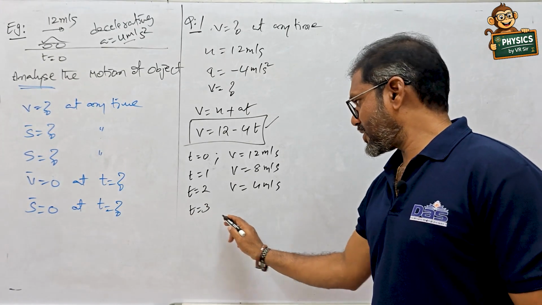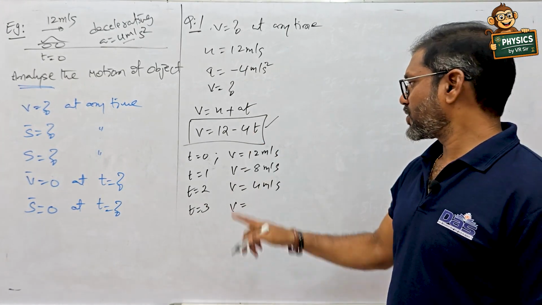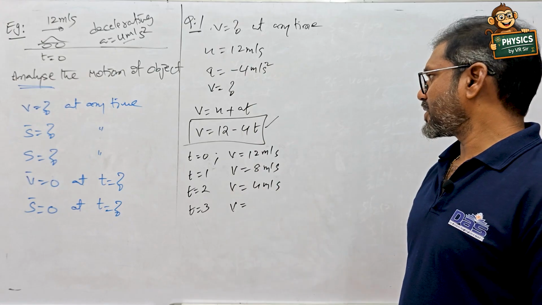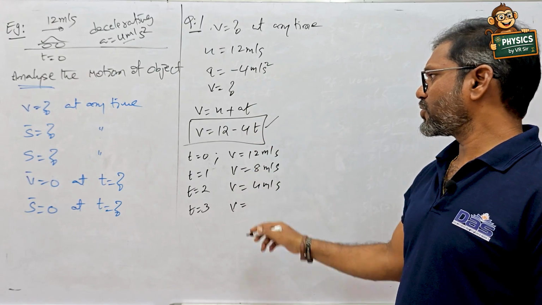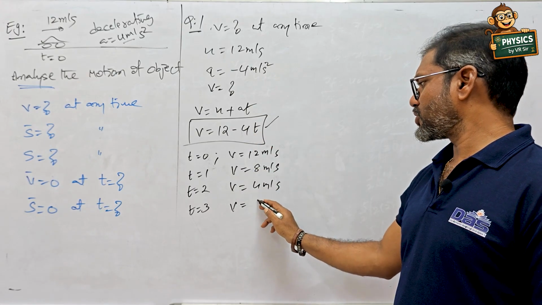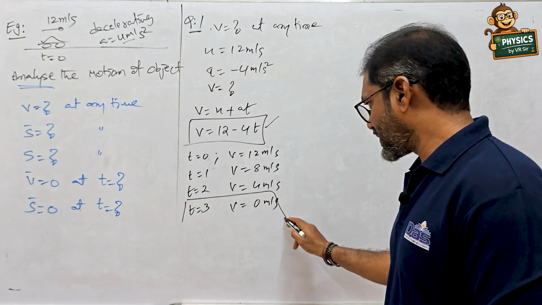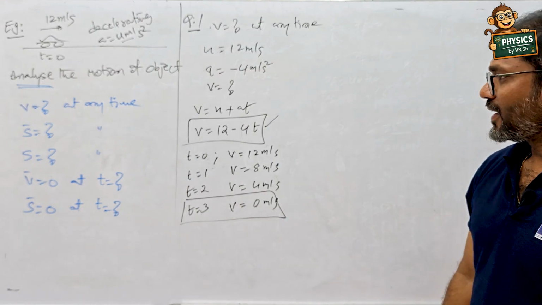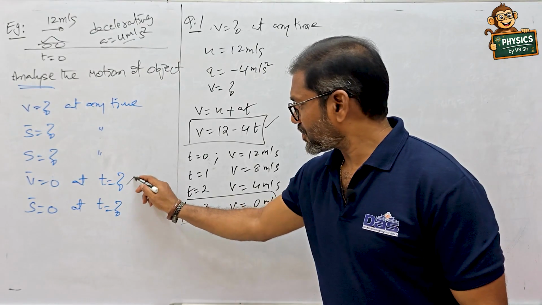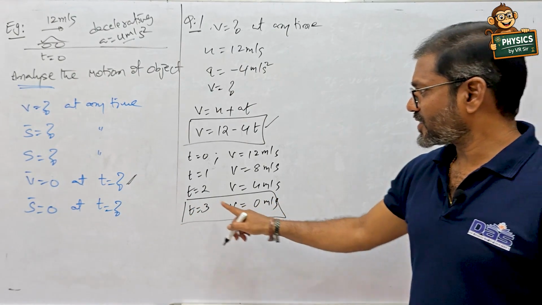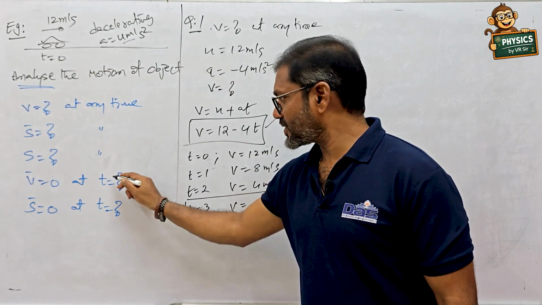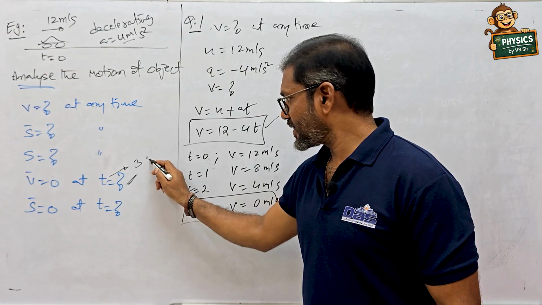At t equivalent to 3, velocity is 12 minus 4 into 3, 12 minus 12, 0 meters per second. Now keep this instant in your mind. This is the time at which velocity is equivalent to 0. So we got this answer: 3 seconds.